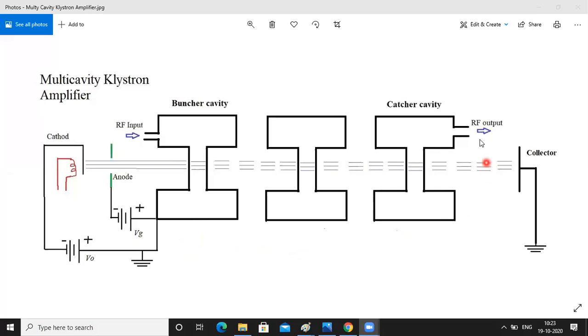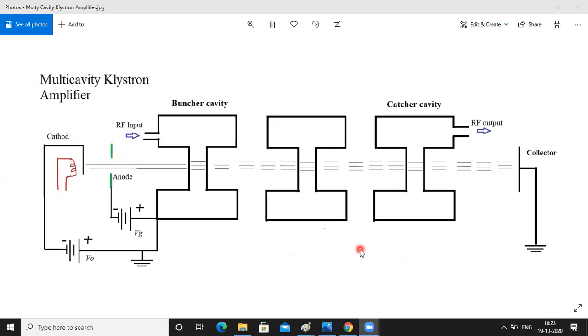So this is your multi-cavity klystron. You can have multiple, up to 5 cavities. The main purpose is to improve the amplification factor, power output, frequency bandwidth, and the efficiency. That's why we are using the multiple cavity klystron amplifier.